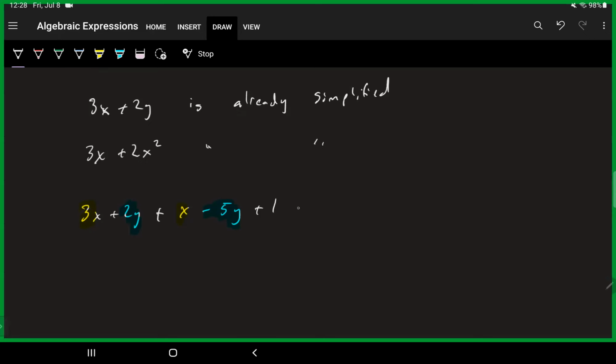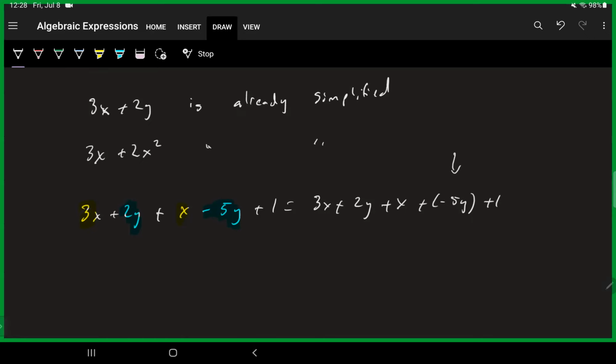What I'm going to do is rewrite this with the idea that subtraction is the addition of the negative. Subtraction is the addition of a negative. So 3x plus 2y plus x plus negative 5y plus 1. So it doesn't look too different, but you do notice that I thought about this as addition of a negative instead of subtraction.